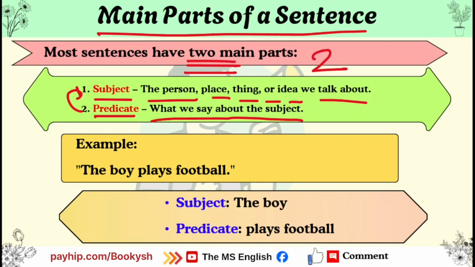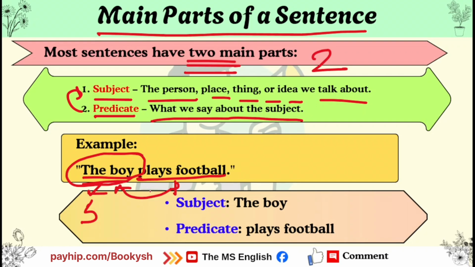The boy plays football. Here we can see that the boy is subject, but predicate is plays football. So the boy is subject, and plays football, we are saying something about the boy.